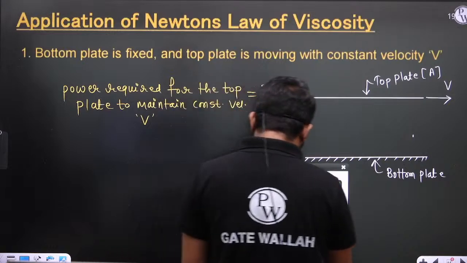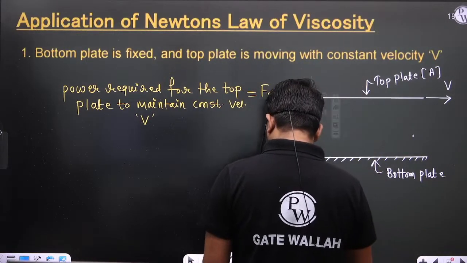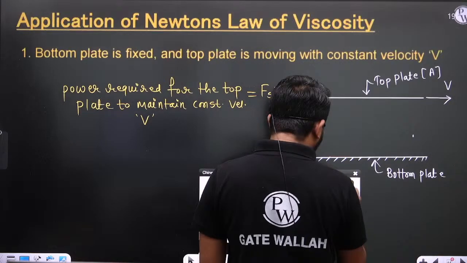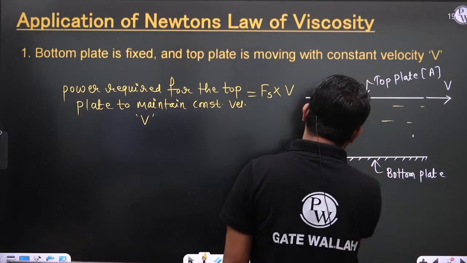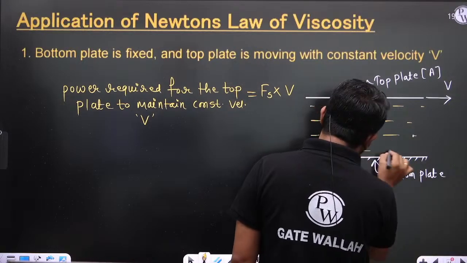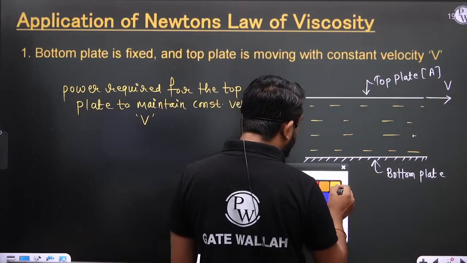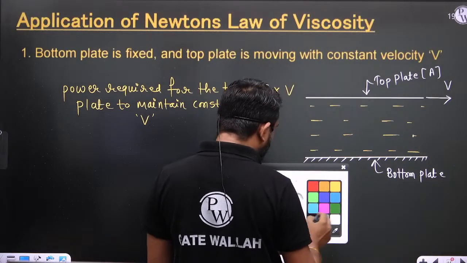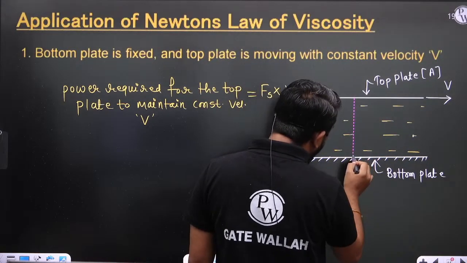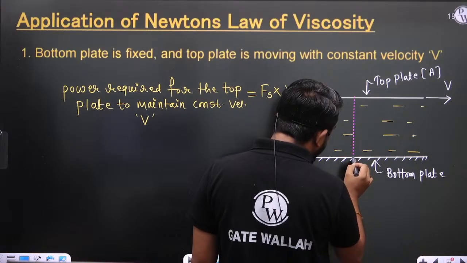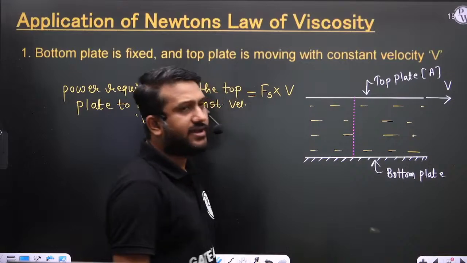Now see, obviously in between these two plates there is a fluid. So this is the fluid, right? And since the top plate is moving with constant velocity v and the bottom plate is stationary, if you draw the velocity profile, obviously we know each layer has a different velocity.